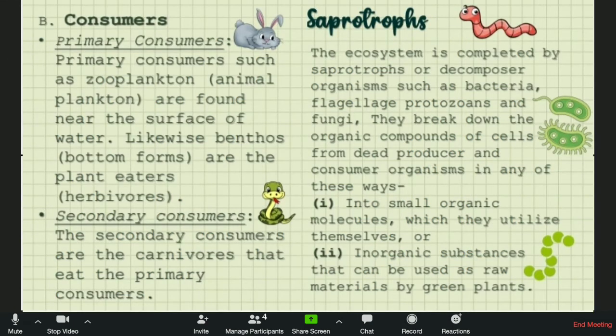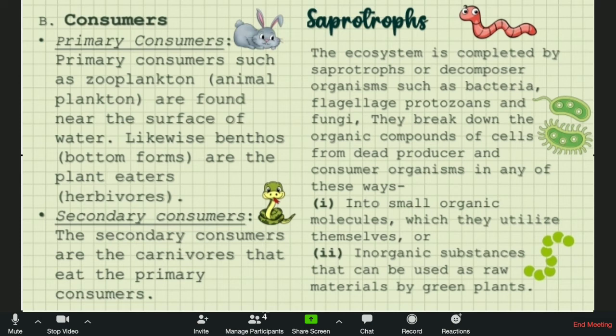Consumers. Among the macro-consumers or phagotrophs of a pond ecosystem are insects and insect larvae, fish, and perhaps some freshwater clams. Primary consumers, such as zooplankton, animal plankton, are found near the surface of the water.